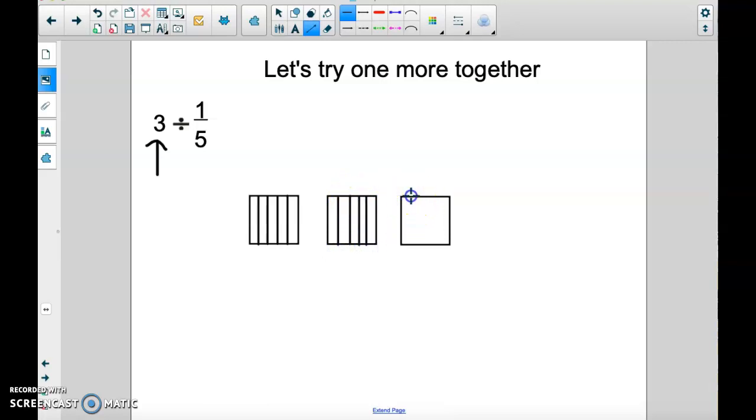As you see, even with this fancy tool, they're not perfect, and that's okay. We just need to see that there are fifths in each whole. So now I'm going to count them up.